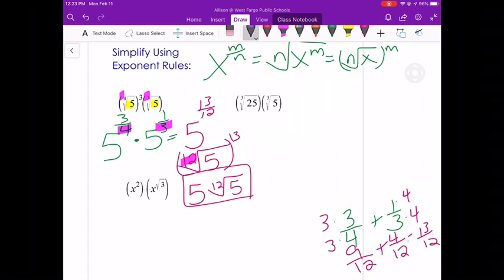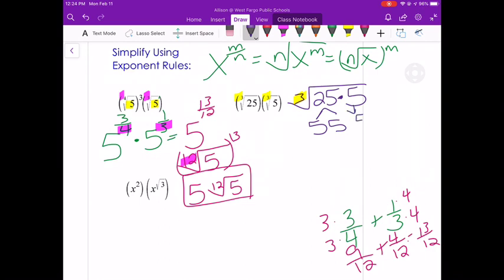If the roots are the same, like this one, cubed root and cubed root, that's if the indices are the same, then we can combine what's inside together. So 25 times 5. And the reason we were able to do that is because they are the same root. And then before I multiply this together, I'm going to break down 25 as 5 times 5.